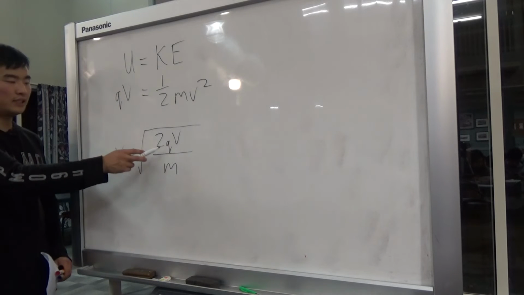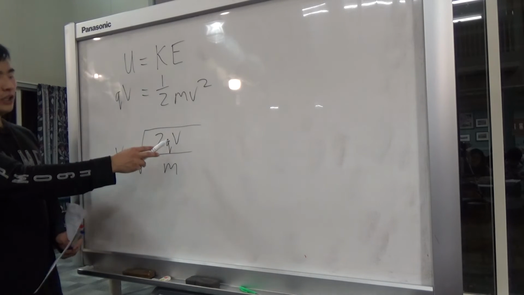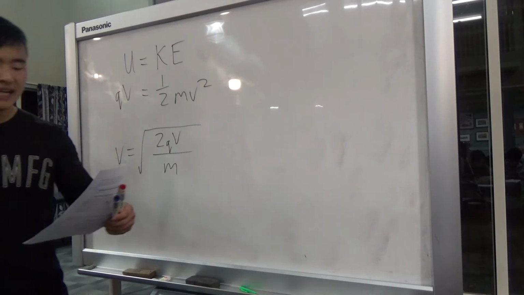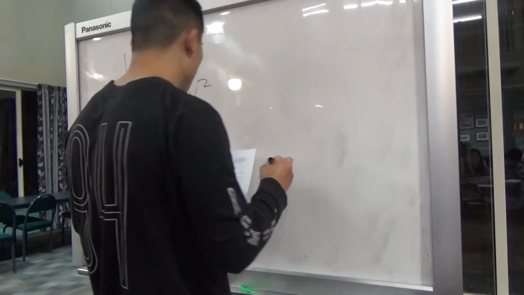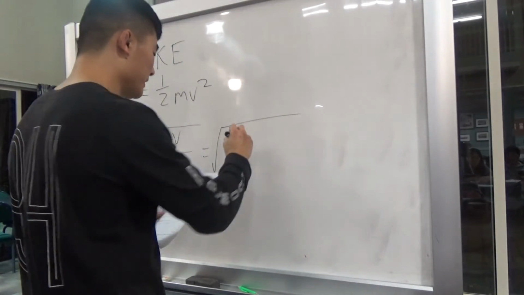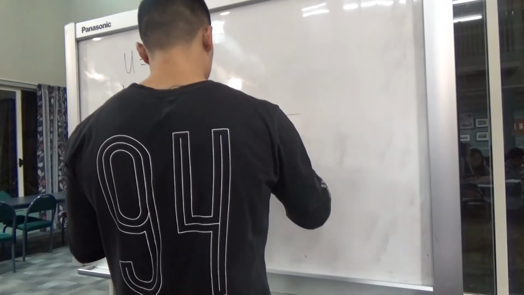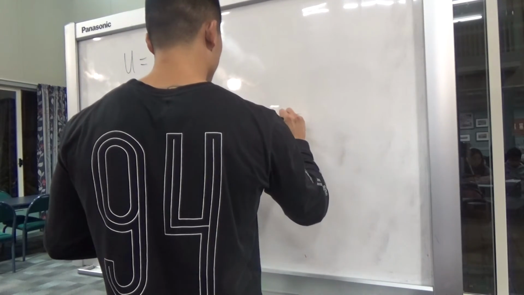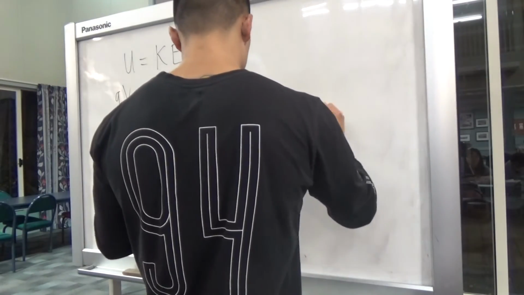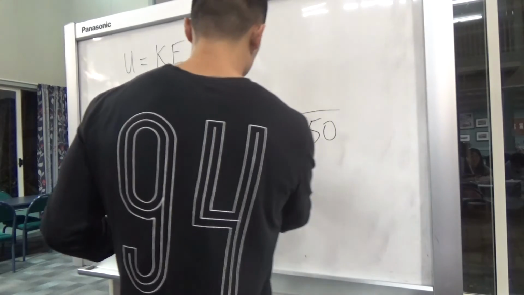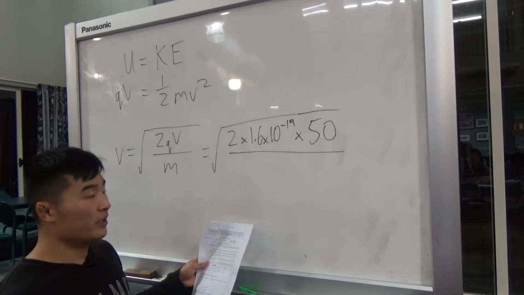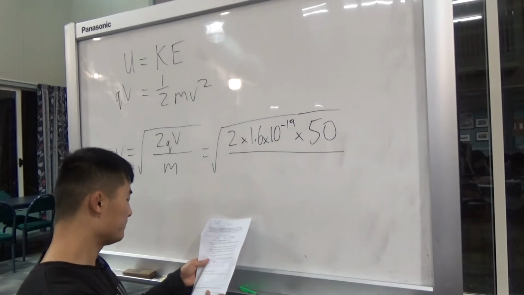So what we need is the charge, the voltage difference, which is 50, and the mass. It's an electron, so we know what the mass and the charge are going to be. So 2 times the charge of an electron, which is 1.6 times 10 to the negative 19, times the voltage, which is 50, over the mass of an electron, which will be on the formula sheet that they give you.